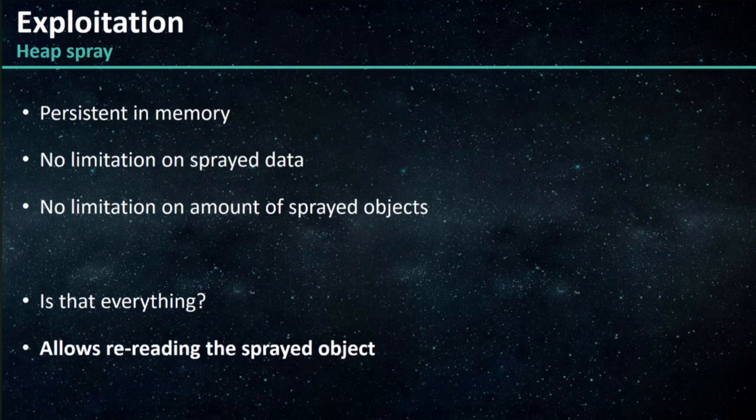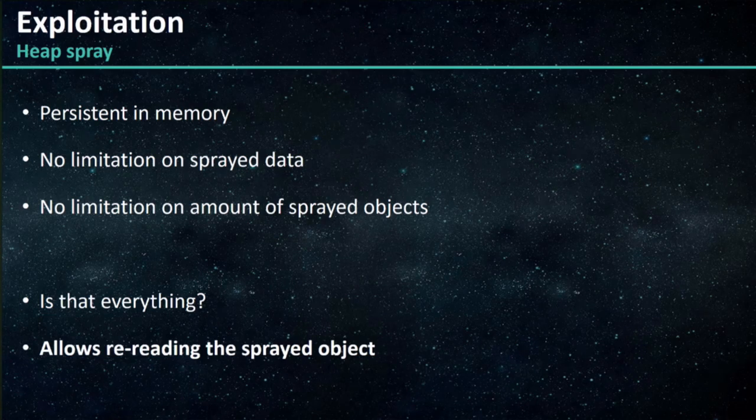It can save us, for example, an information disclosure. Because again, if we spray an object and then the kernel, I don't know, puts it into a list, we can leak that list if it's a linked list. That's just one example. And this is extremely useful for kernel heap spraying in iOS and OS 6.